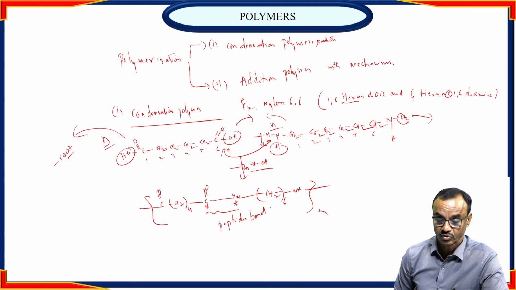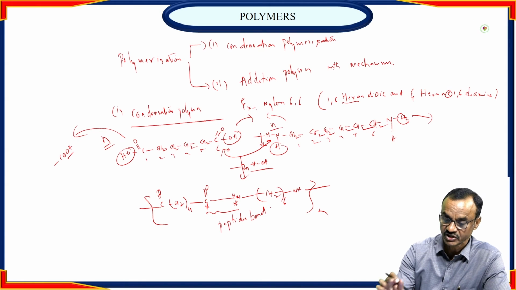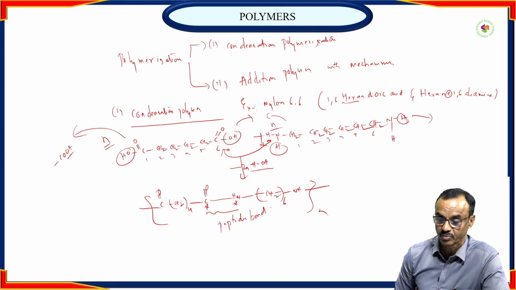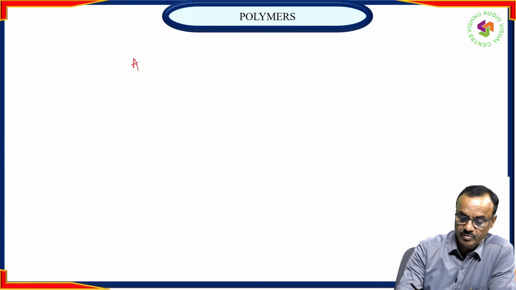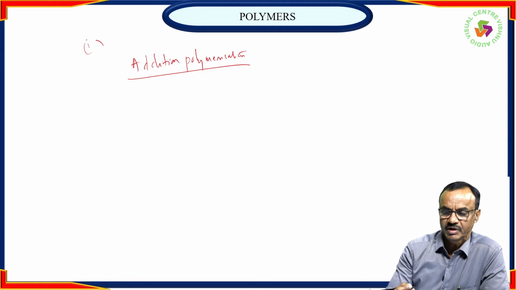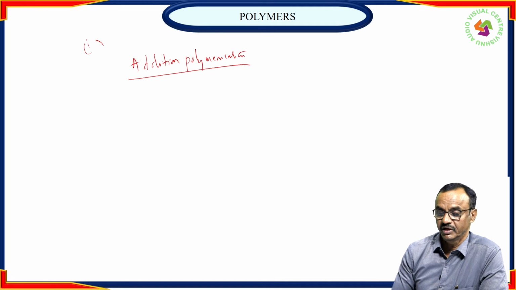So for this you have no mechanism, but you have mechanism for addition polymerization. You can take simple example, addition polymerization. On the topic 1, we're discussing about addition polymerization. Same example we mentioned in the beginning.